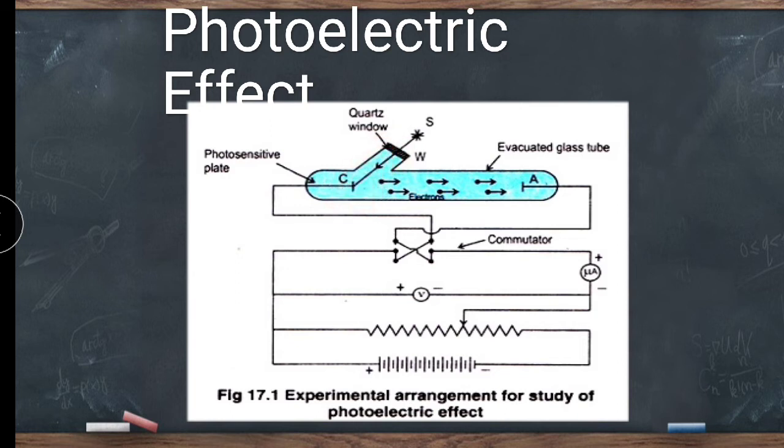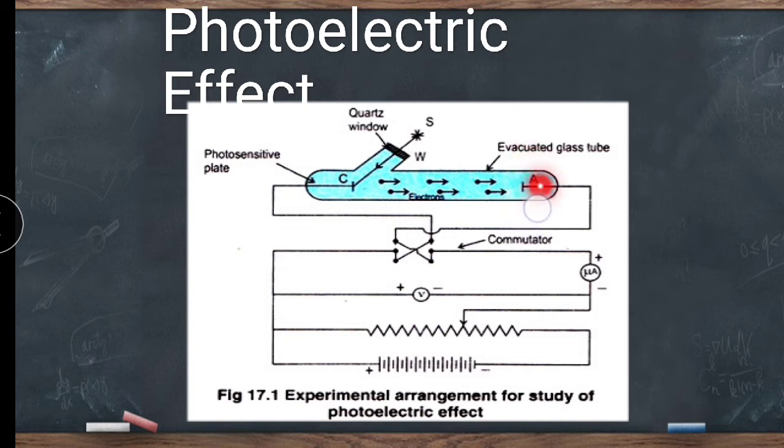Now light has photons inside it, and a photon has a specific energy. So this energy is divided into two parts. Some energy is utilized by the electrons present in the cathode to get out of the cathode, and whatever energy of the photon is left, that energy is utilized by the photoelectron to get accelerated toward the anode.